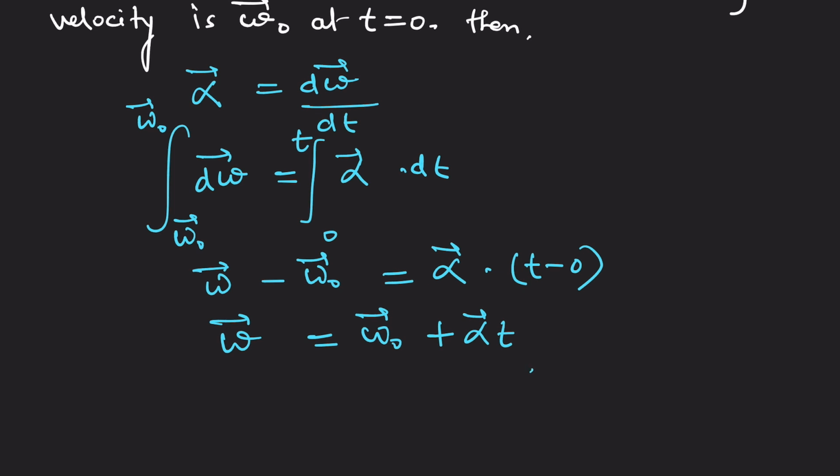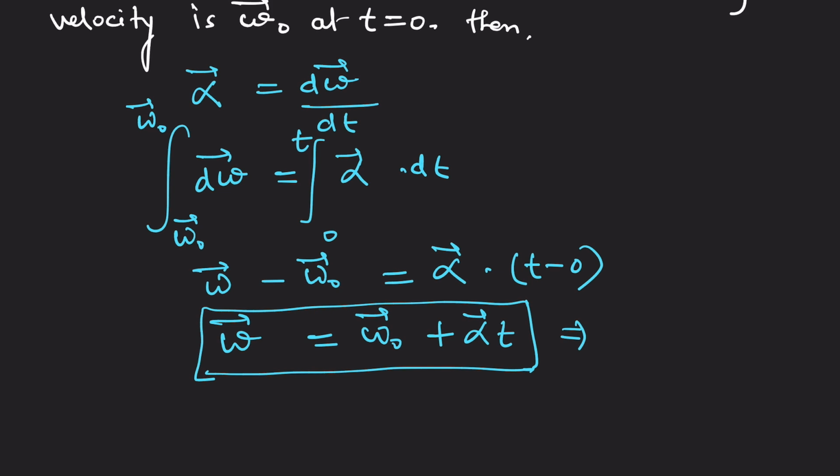Okay guys, this is a vector form that we have derived, but it is not needed as much. Just remember that if alpha is acting in the same direction as omega, then of course omega is going to increase. If it is in the opposite direction, it is going to decrease. That is a very normal thing, but of course we have derived it in vector form also.